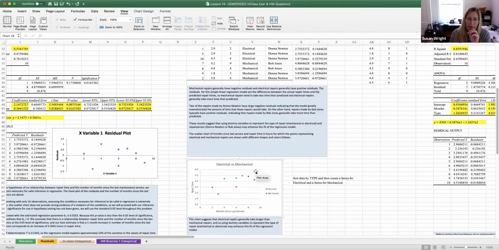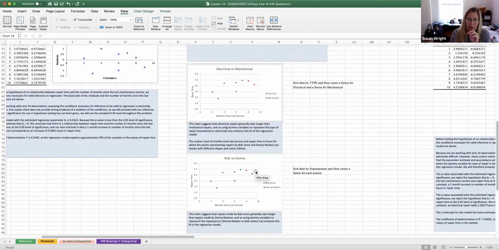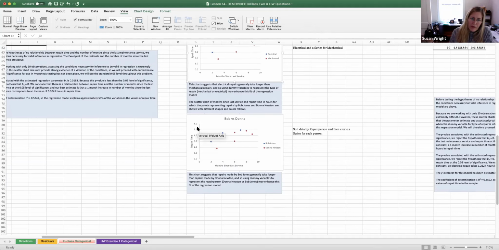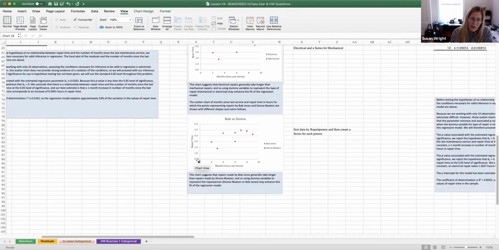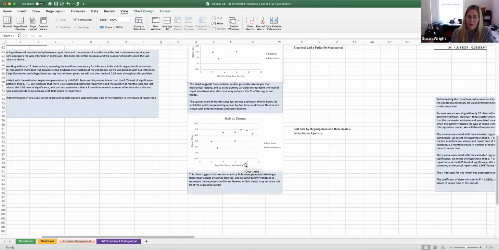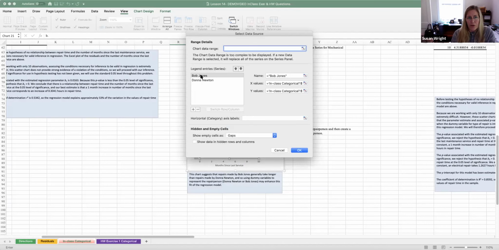Okay, and then we have to do the same thing here for the salespeople. So the same thing on the y-axis, repair time, same thing on the x, months since last service. That's what you did for regression. And now we're looking at the data. So again, what do you got to do? You got to have 2 series, 1 for each person.